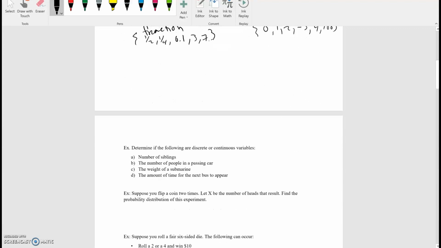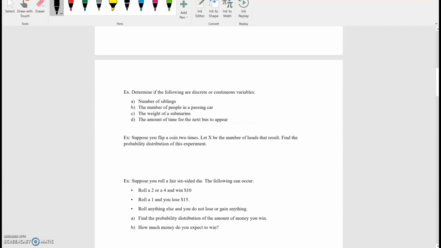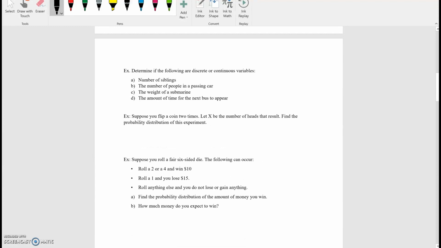So here's an example. Determine if the following are discrete or continuous random variables. The number of siblings: would that be discrete or continuous? The way that I think about it is that if I can include decimals and fractions, then I know it's going to be continuous.